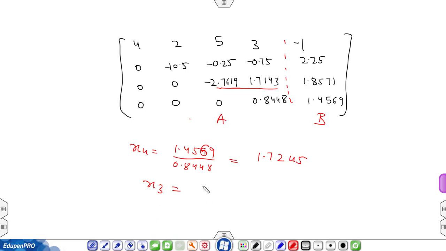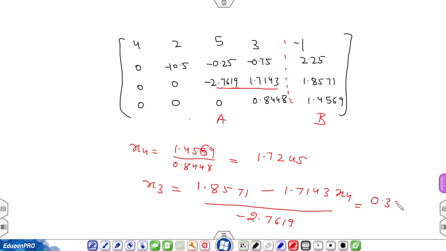Okay, the value of x3 we are getting from the third row. x3 is coming out to be 1.8571 minus 1.7143 x4 upon minus 2.7619. After putting the value of x4 in this equation, the value of x3 is coming out to be 0.3980.